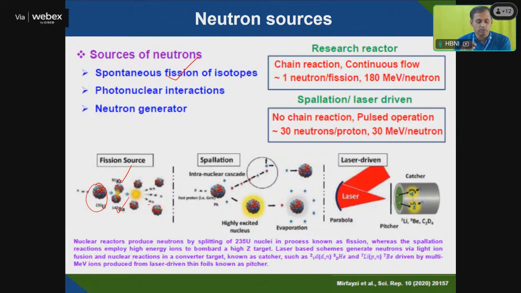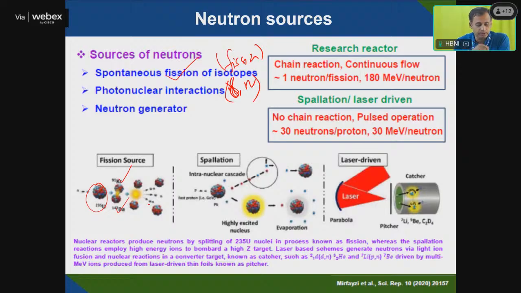So that's one, your fission reaction, and then there is a photonuclear reaction, the gamma n reaction. So you can apply gamma energy and you can get neutron.